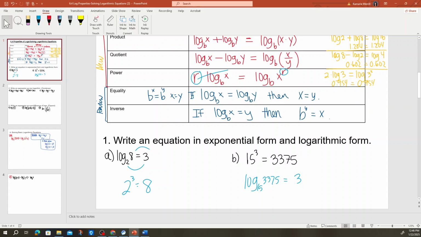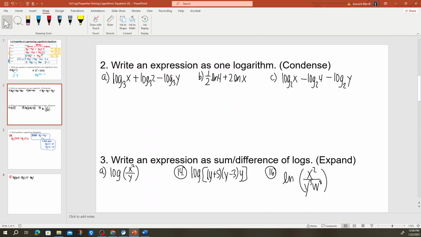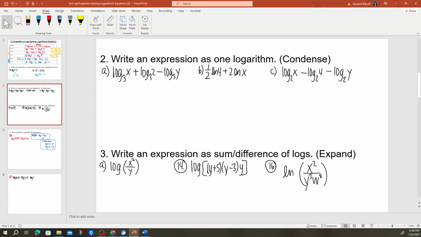And remember, you get to use these notes on your group test day, especially my new ones. The more you have in your notes, the more you get to contribute to your partnership. All right, I'm going to move on. We're going to condense these 3, but then we'll expand these 3, but 2 of them are your homework problems, so we get to give you a head start today.